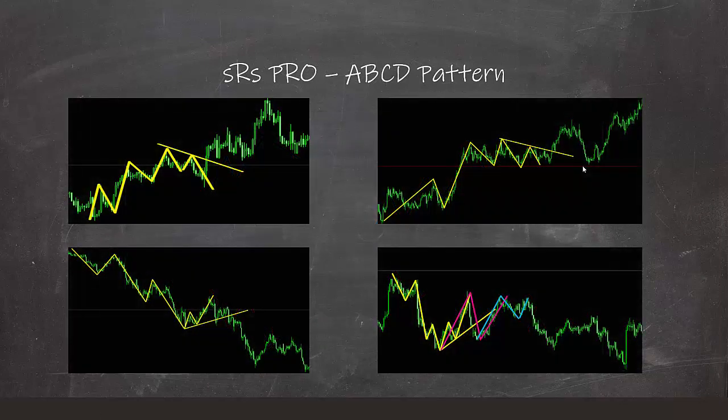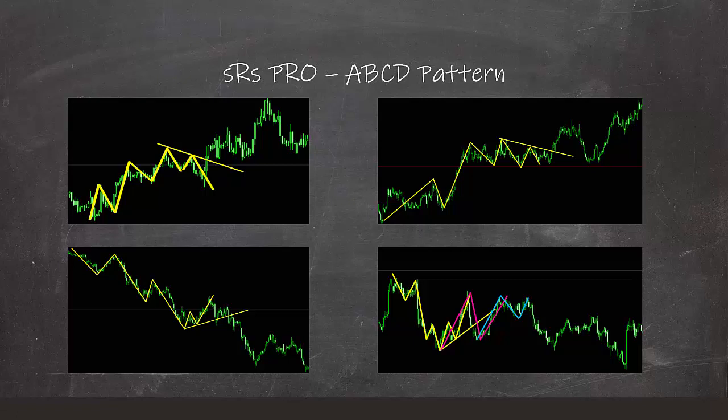Now let's take a look at the reality. Let's see the classical one first of all, and then I will explain the 2 scenarios where the non-classical ABCD could be applied. The first one is pretty much speaking for itself. 3 higher highs, 3 higher lows, 2 waves correction.